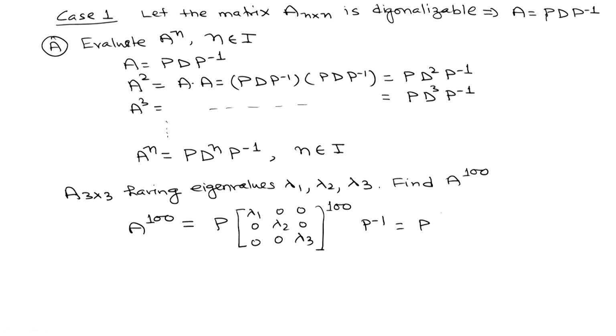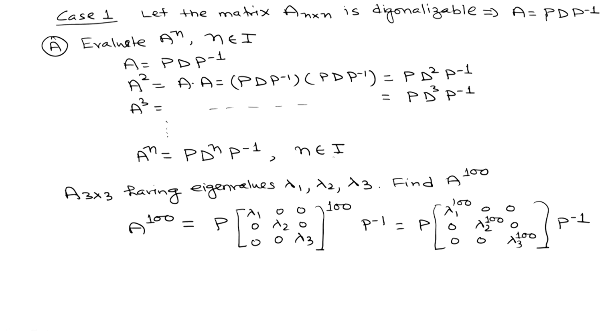So this will become P times the diagonal matrix with entries lambda 1 raised to power 100, lambda 2 raised to power 100, lambda 3 raised to power 100, into P inverse. In this way we can calculate various powers of a given matrix.